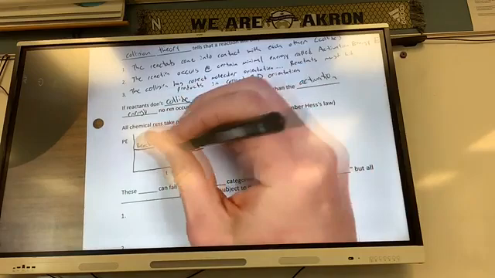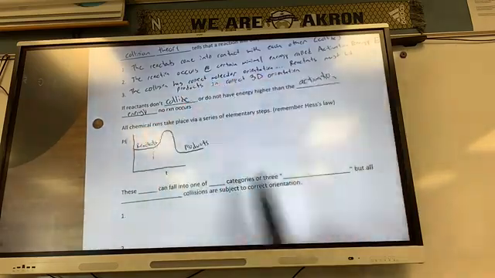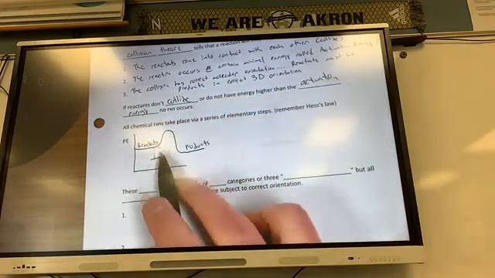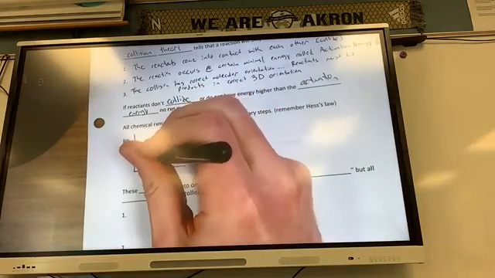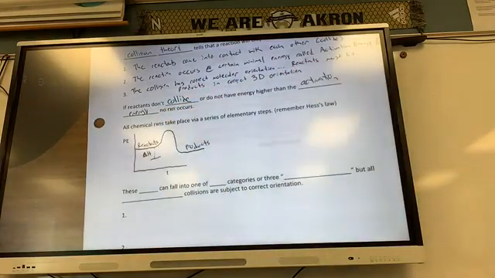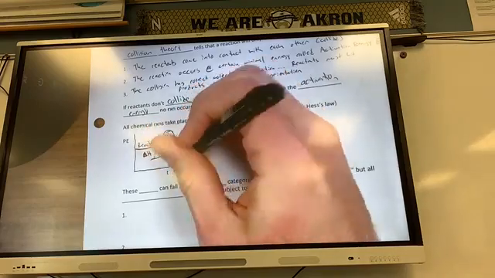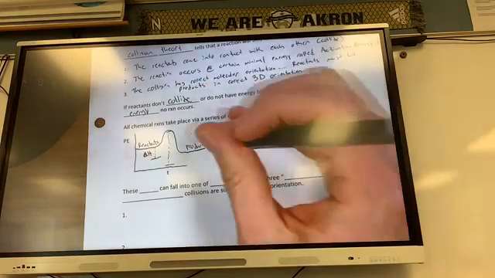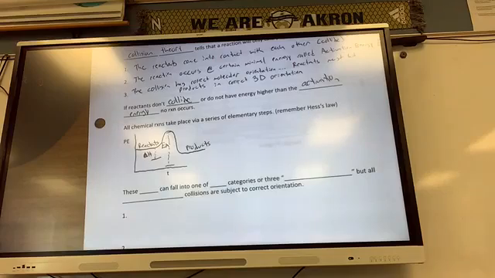I know that the difference between my reactants and products would be my delta H, my heat of enthalpy. And this hump I have to get over is my activation energy. That's my EA, my activation energy.